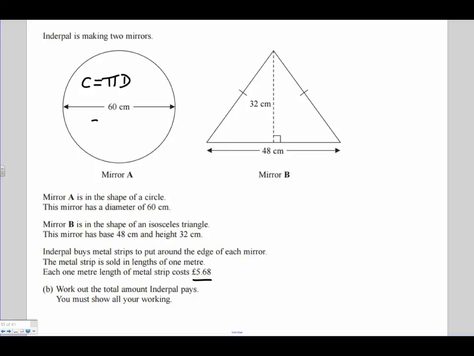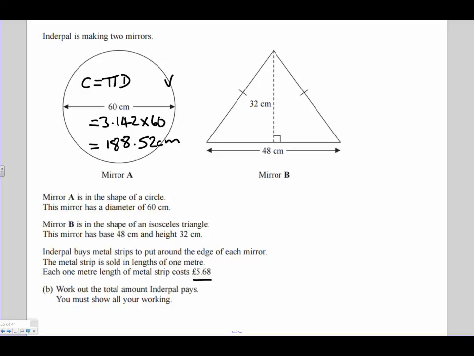So pi is 3.142 and the diameter we've been given is 60 centimeters. So the distance around this particular mirror is 3.142 times 60. And that gives us 188.52 centimeters.